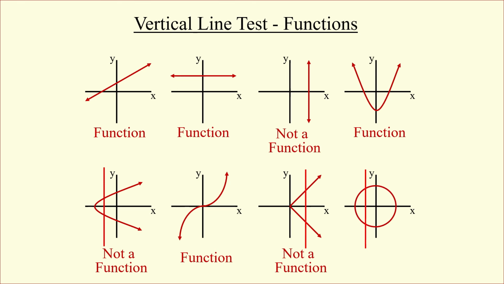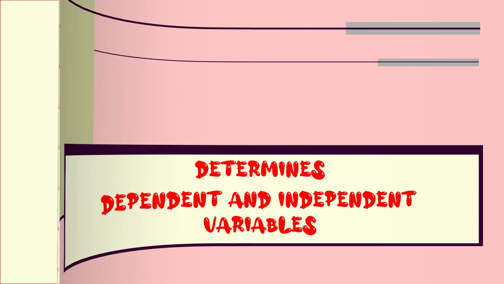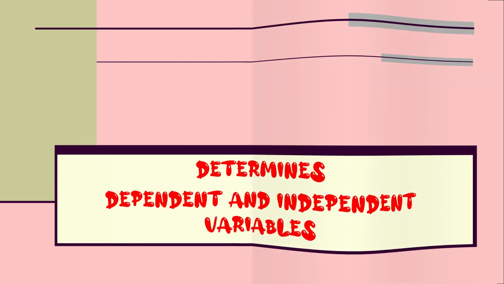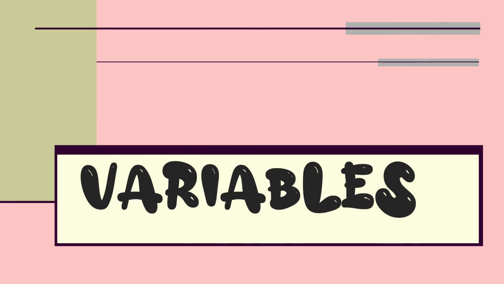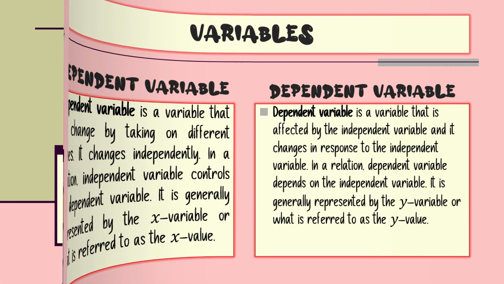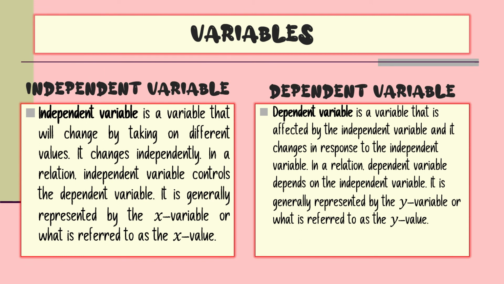For our third competency, we have the dependent and independent variables. There are two types of variables, the independent variable and the dependent variable. Let us see the difference between the two. The independent variable is a variable that will change by taking on different values. It changes independently. In a relation, the independent variable controls the dependent variable.